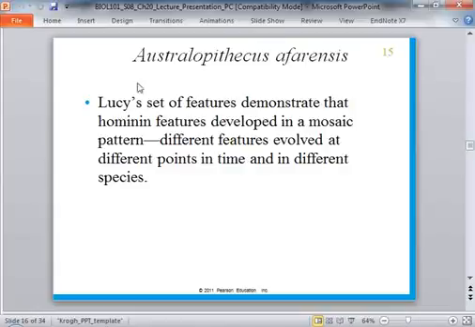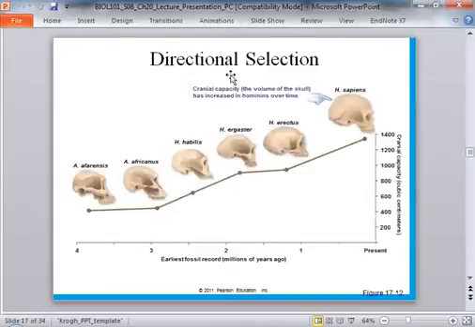And we also see an increasing duration of parental care, right? Because if you're intelligent, passing on that cultural knowledge becomes more important. And you're also able to take care of offspring in a much more elaborate fashion. And we definitely see this directional selection for increased cranial capacity. And that was that story that I was already telling you.